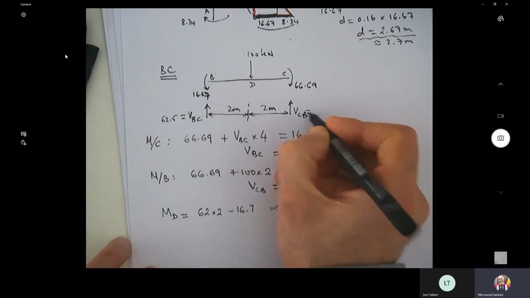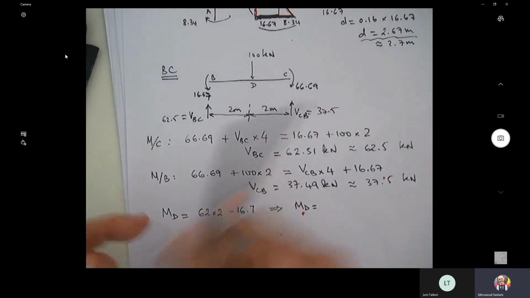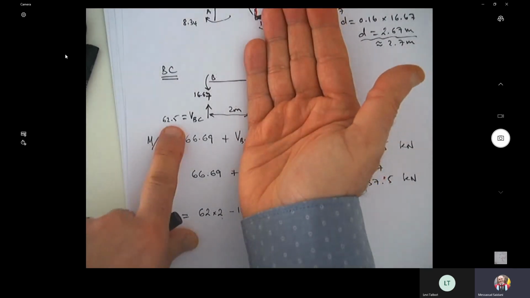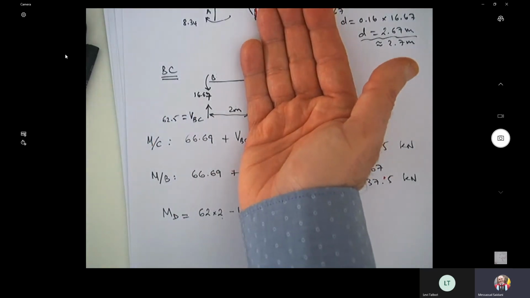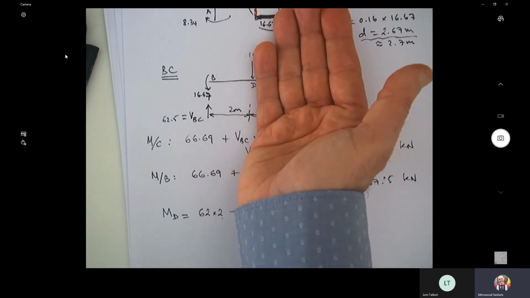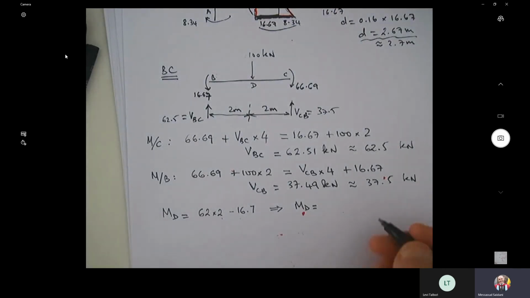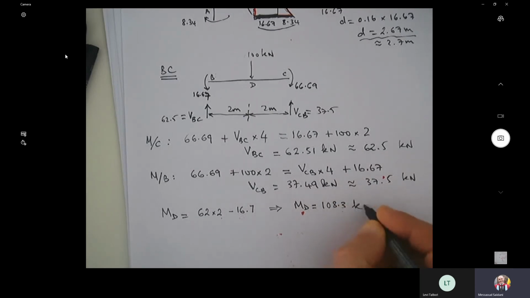This reaction is 37.5. So the moment at D will be 62.5 times 2 minus 16.7. Is that clear? So this is by taking the moments about D from the left. And that gives 108.3 kilonewton meters.